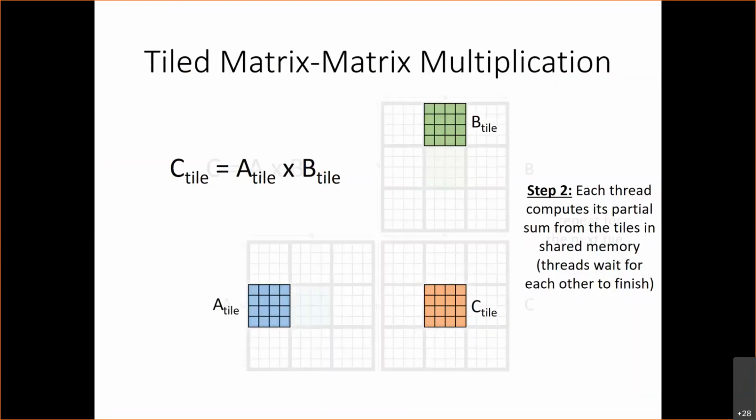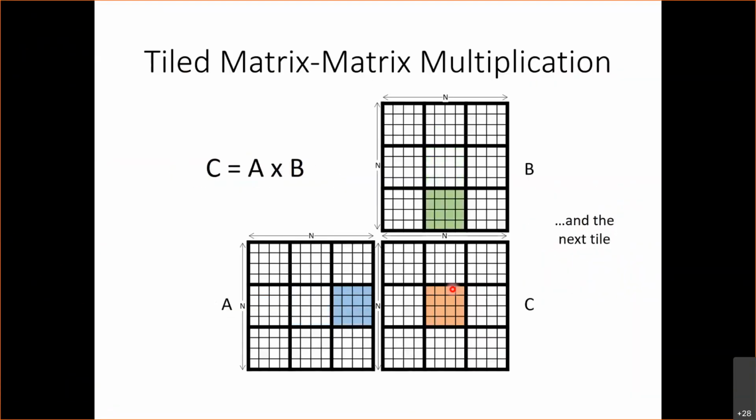So over here, this thread is responsible for loading this element. This thread is responsible for loading this element, etc. So how do I get to this element? Well, it's going to be the number of elements in the previous tiles, which is tile times the dimension of the tile, plus the position of the thread in the thread block.